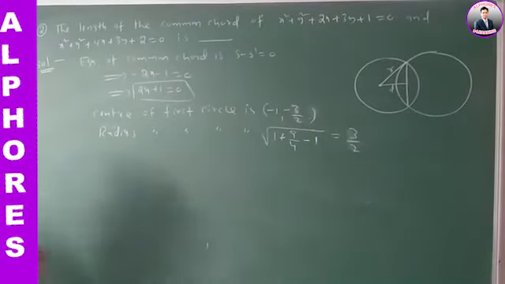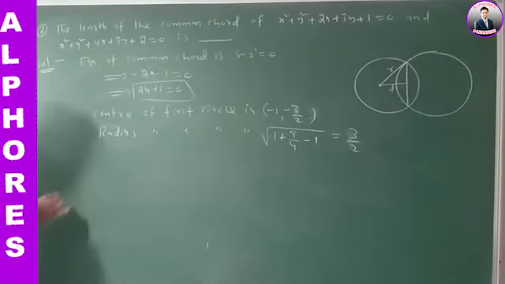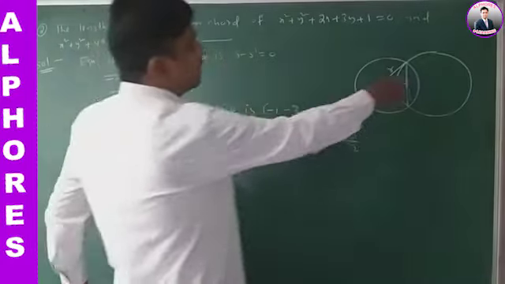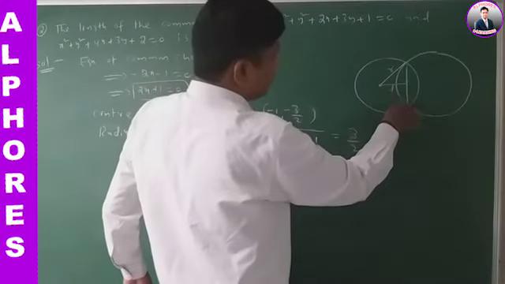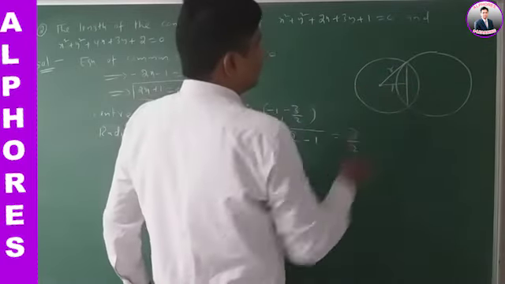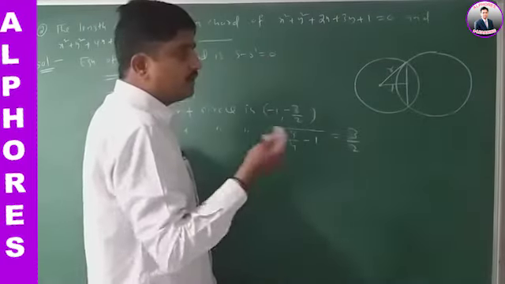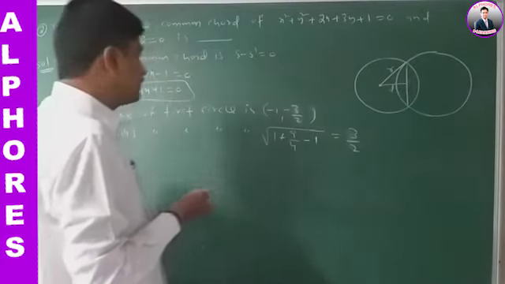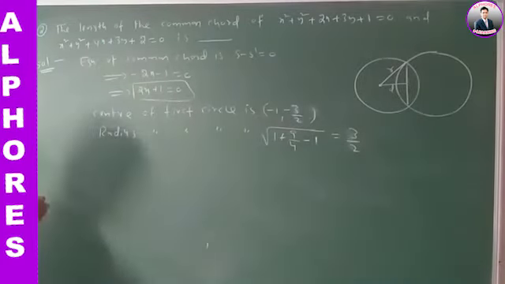Okay, now d. The length of the common chord means the length of the chord of this circle. The formula for the length of the chord is 2 into under root of r square minus d square.